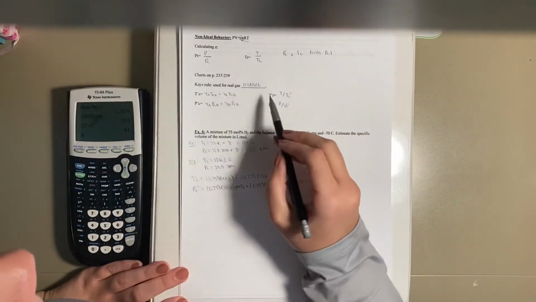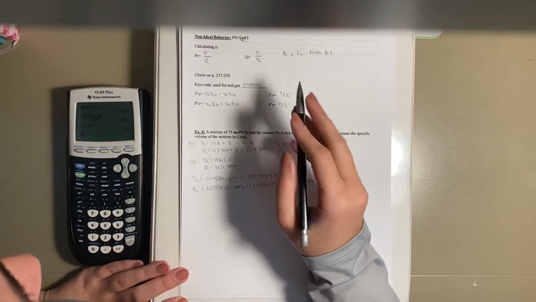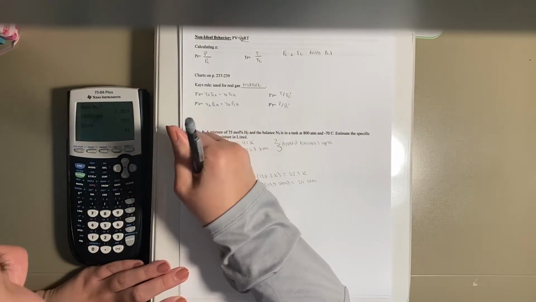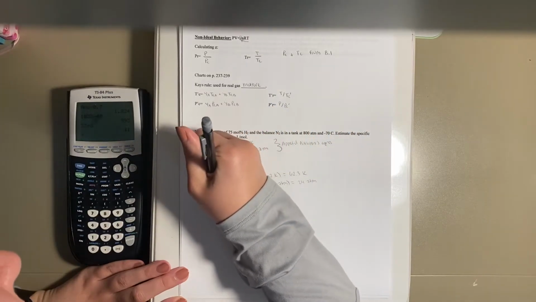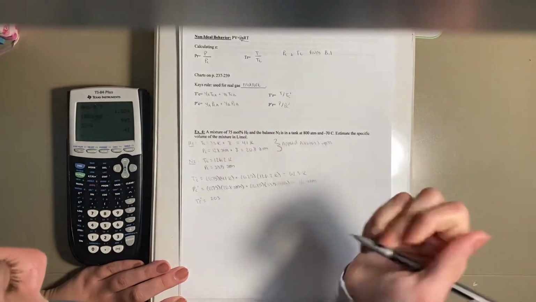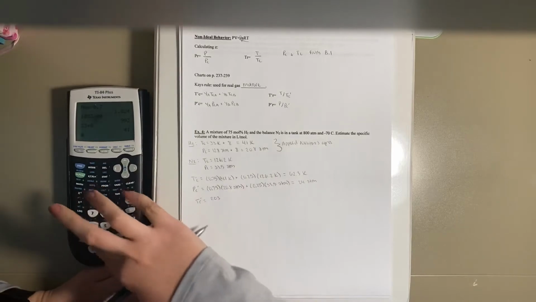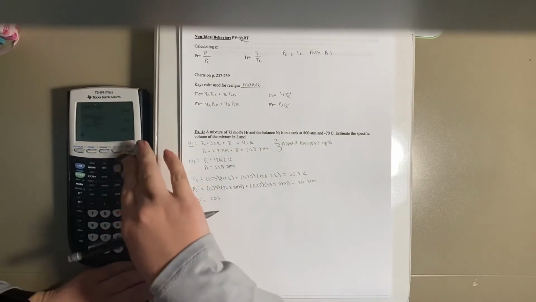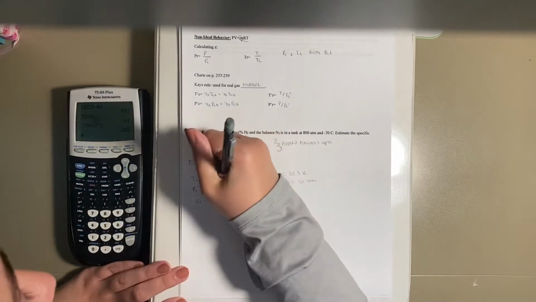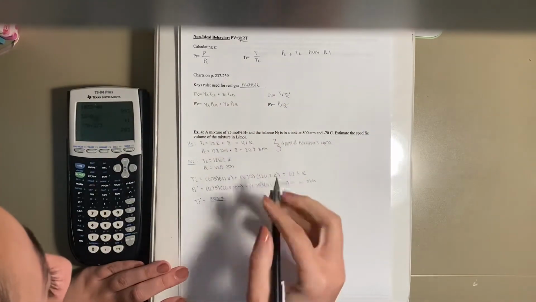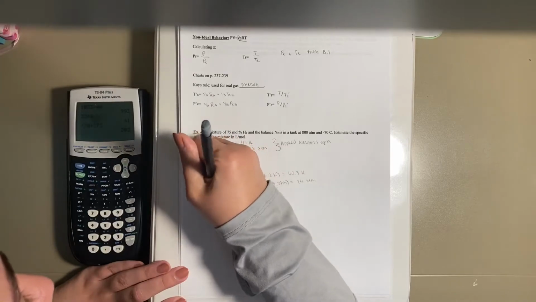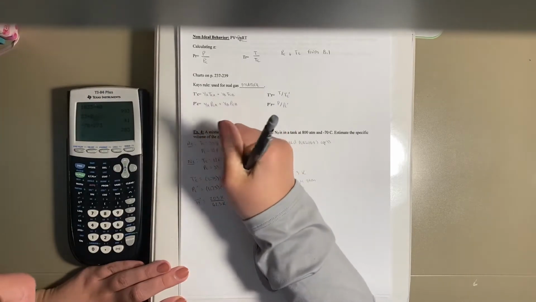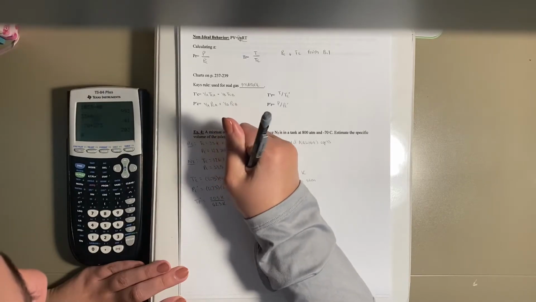Now we want our reduced temperature and reduced pressure. Our T reduced is 203 Kelvin, which is negative 70 plus 273 to convert to Kelvin, over the critical temperature of 62.3 Kelvin, and we get 3.26.